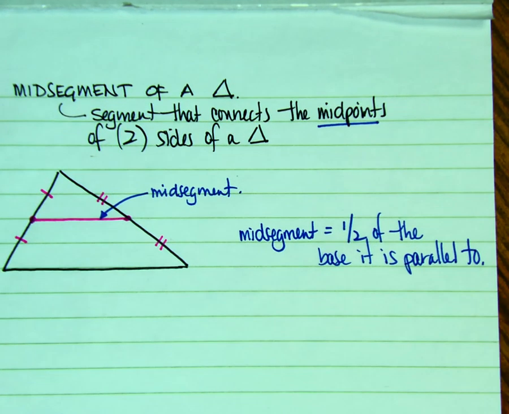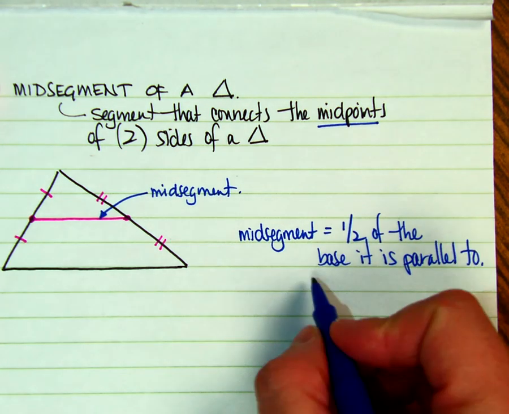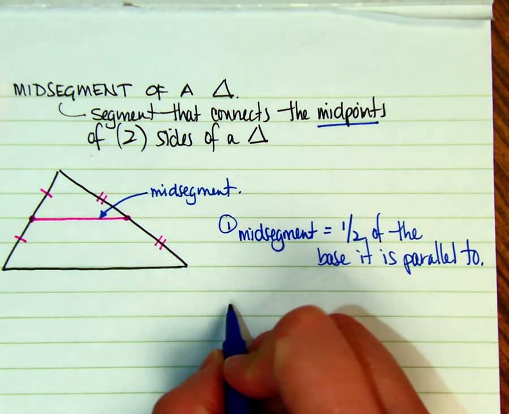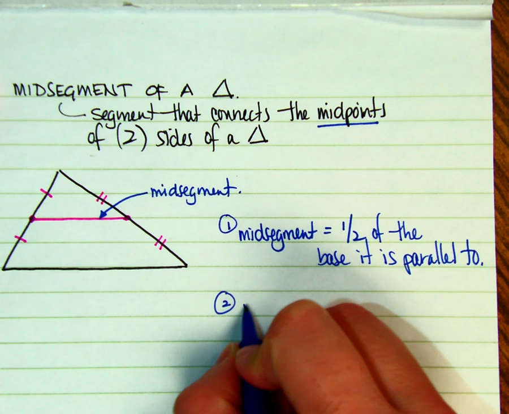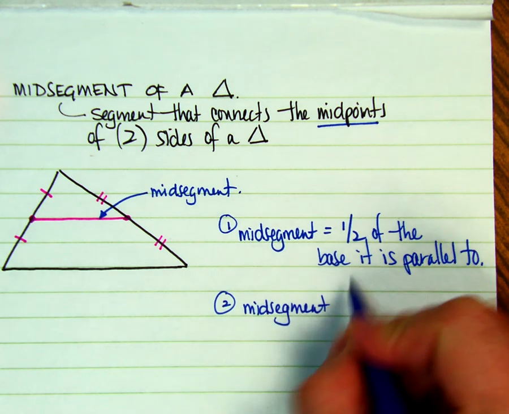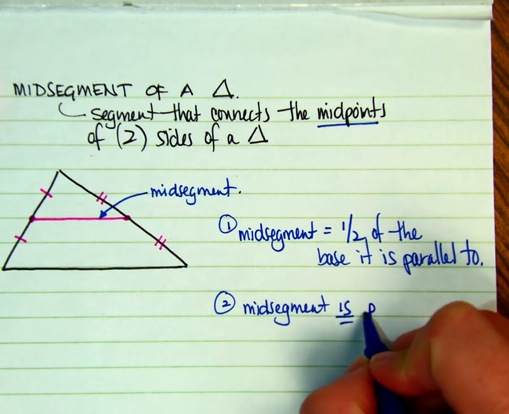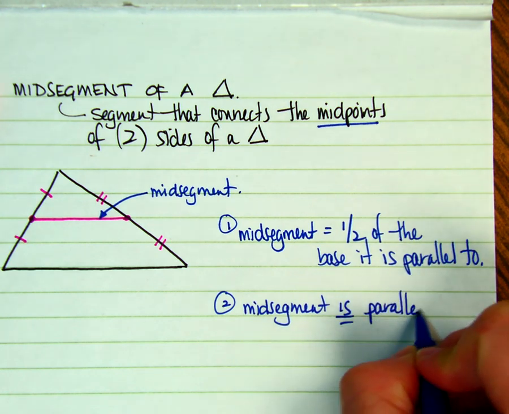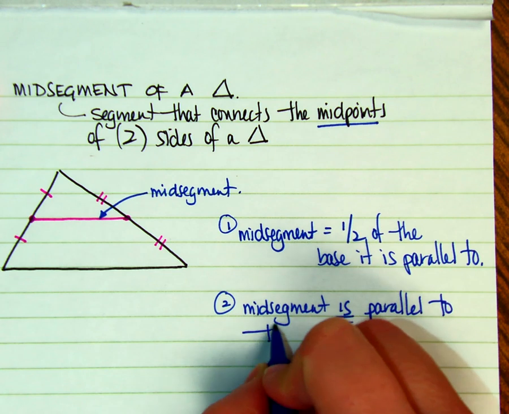Okay, so the midsegment equals half of the base it is parallel to. And I kind of have the other piece in there, and that is the fact that the midsegment is parallel to the base, parallel to the third side.